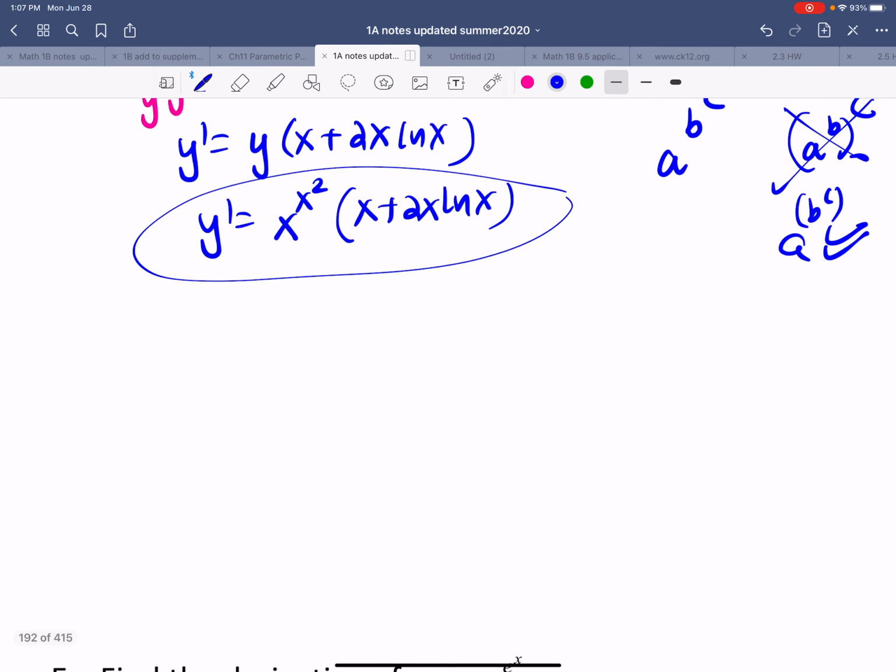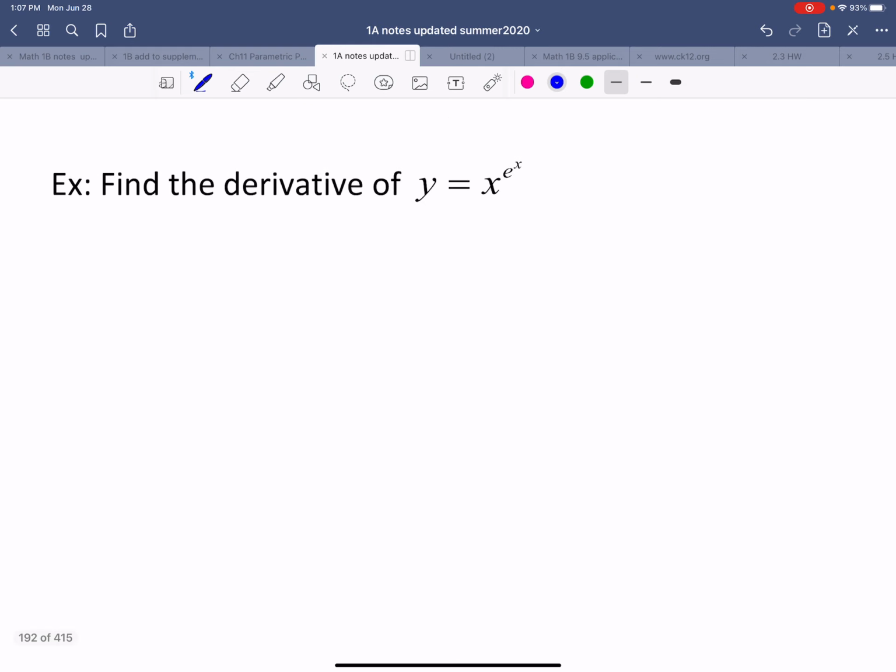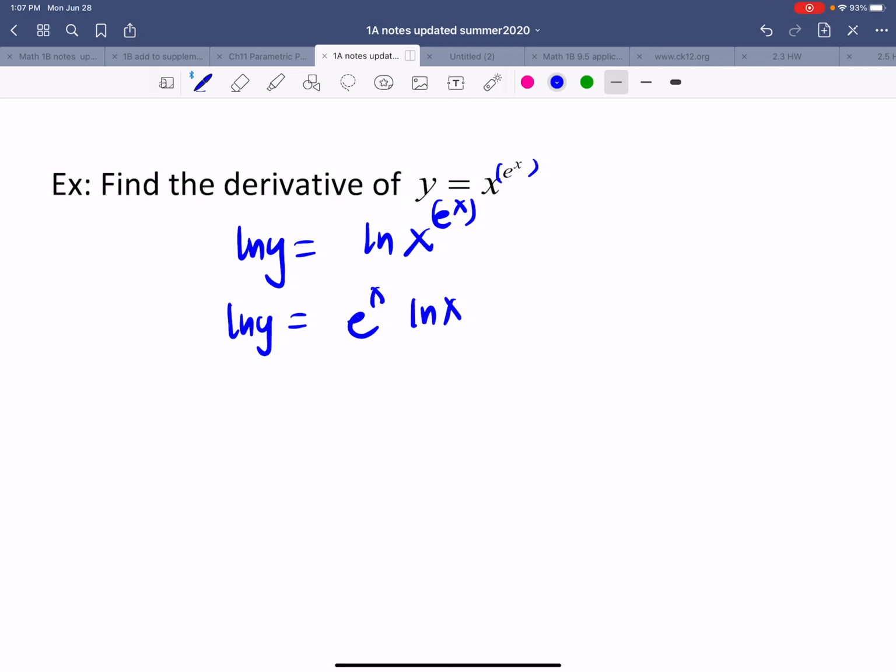Okay. Another example, find the derivative of y is equal to x e to the power x. Again, we just talked about, we're going to consider this as one thing. Natural log of y is equal to natural log of x e to the power x. Natural log of y is equal to, the exponent comes in the front.